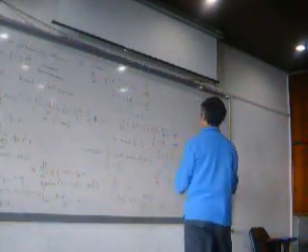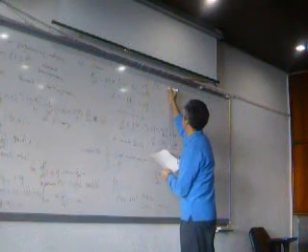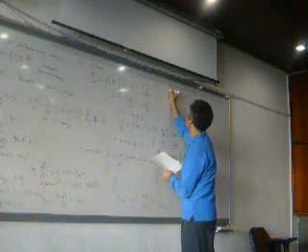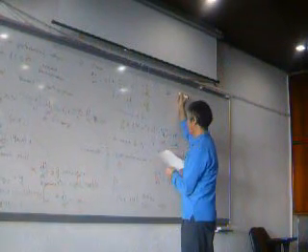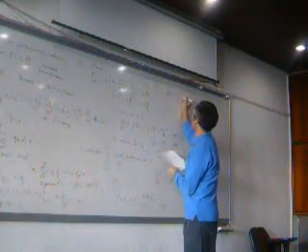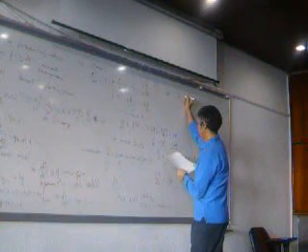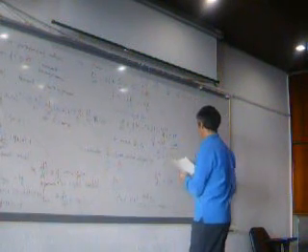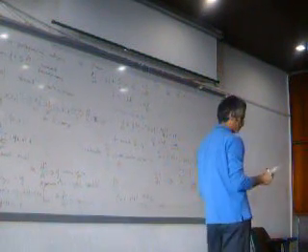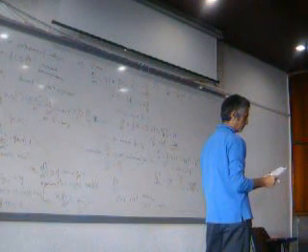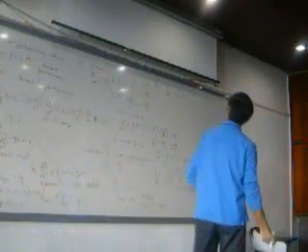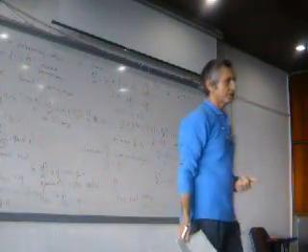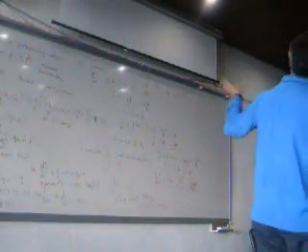So this one looks like this: d squared x over dt squared plus 2 dx over dt plus x cubed equals 0. I made this up. This is a nonlinear model. It has full terms, all the terms, d squared x over dt squared, dx over dt.